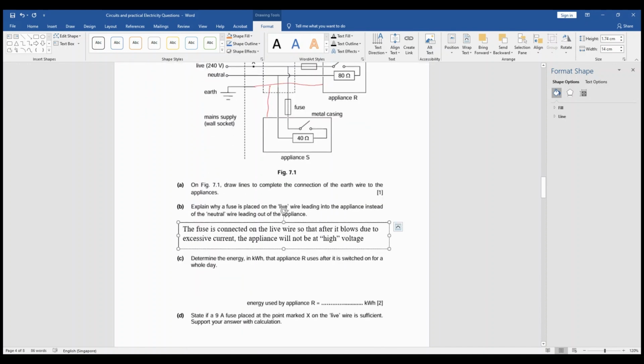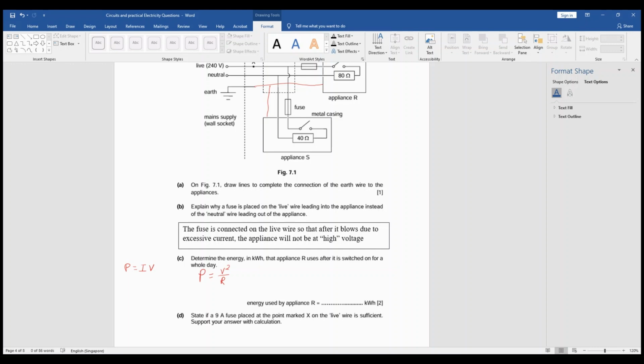Okay, very little information. So the only way we can do it is using V square over R. So power is equal to V square over R. How do I get this? P equal IV. This is a basic equation that I asked you all to memorize.